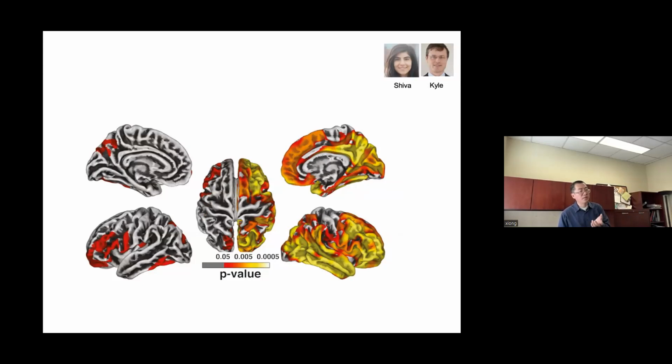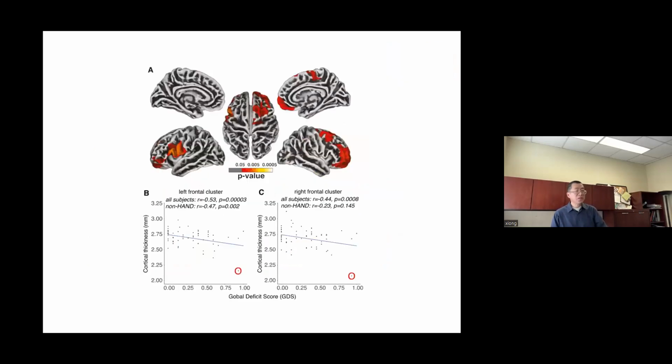The injury to the frontal and temporal regions might still persist after 20 years.